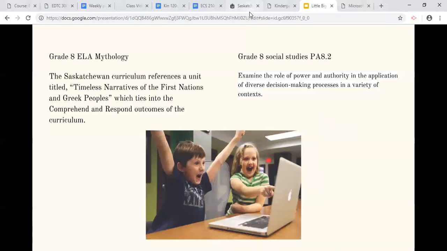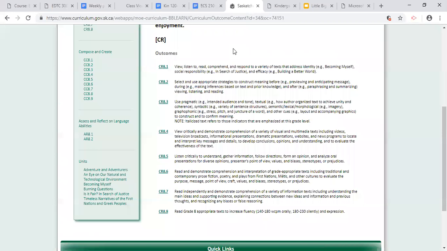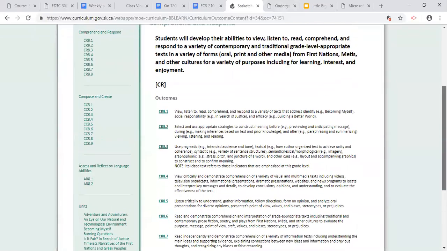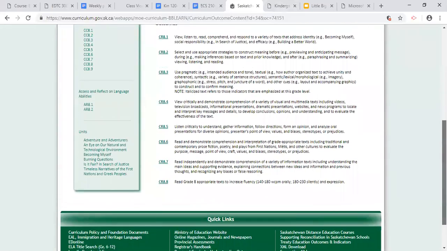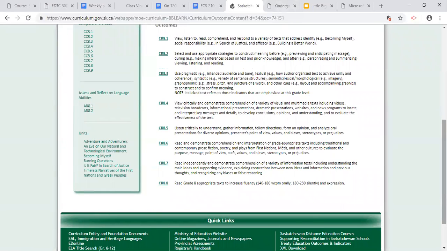So if we flip over and look at the curriculum, I'm not sure if you can still see this, there's 8 outcomes in the comprehend and respond section. It's things like view, listen, read, comprehend, and respond to a variety of texts that address identity, social responsibility, and efficacy. Select and use appropriate strategies to construct meaning before, during, and after viewing, listening, and reading.